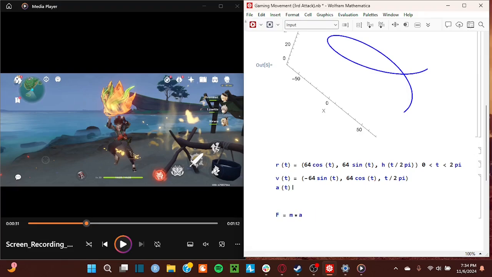The acceleration equation takes an interesting turn, so I should probably explain this. When we are doing trigonometry and derivatives, VT is the derivative equation of RT, and the derivative of a trig value, such as cosine or sine, which are the most commonly used ones, follows a very specific order.